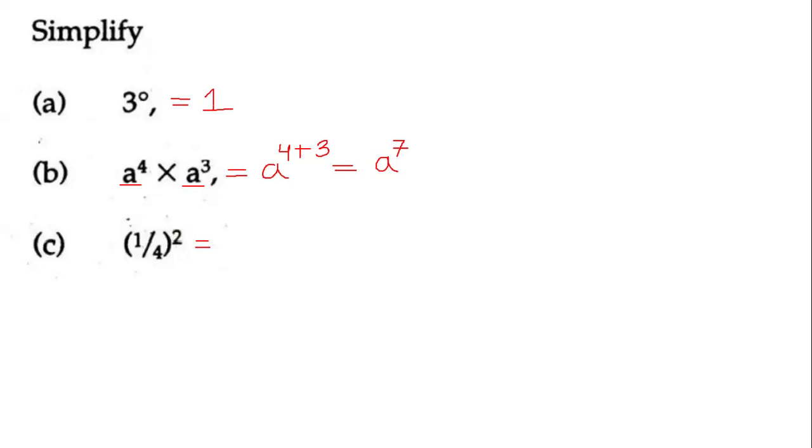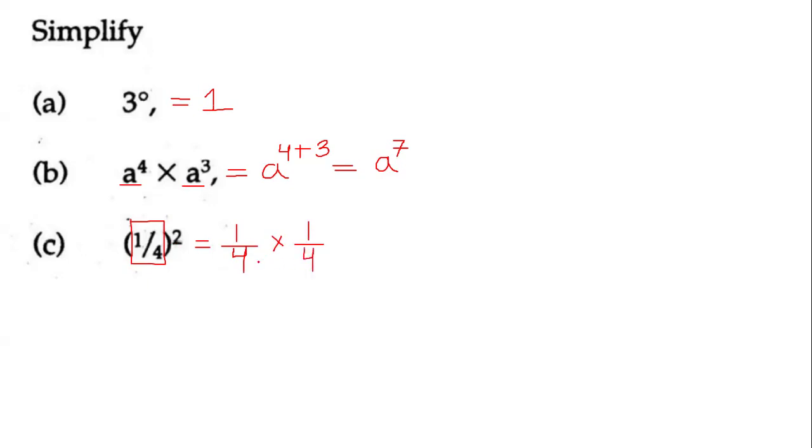Okay, so 1/4, thank you, Leah. I think Chanel was saying the same thing. 1/4 squared means that whatever is being squared, you multiply it twice. So it's going to be 1/4 times 1/4.